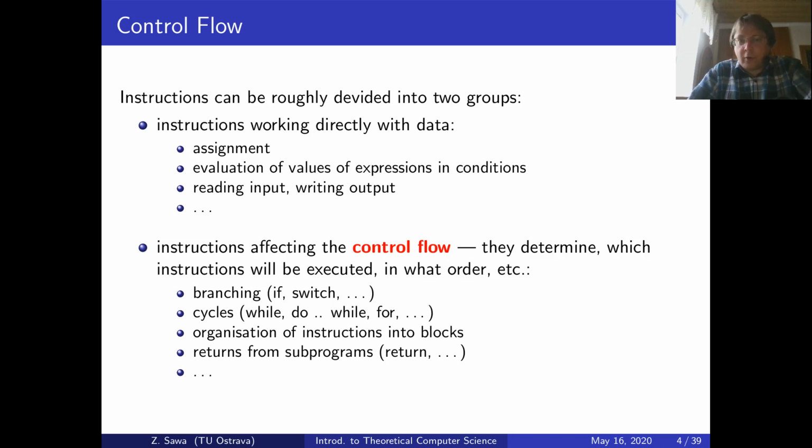One of them are those instructions that perform some work on data. The typical examples are assignment, where we compute the value of an expression and assign this value to some variable, or conditions, where there could be expressions whose evaluation is needed, things like reading input, writing output, and so on. So this is one kind of operations.